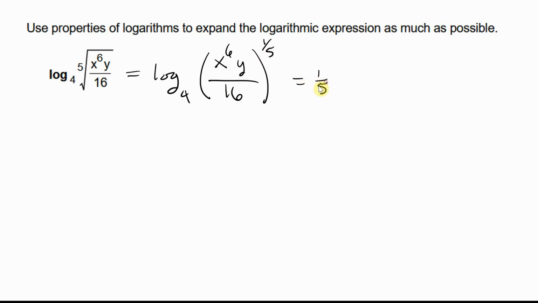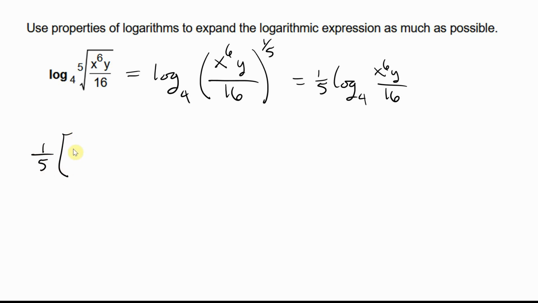So this is 1/5 times log base 4 of x to the 6 times y over 16. Now, if it's product, I'm going to add, and if it's division, we're going to subtract. But watch how we do it. Make sure you get it right. Now, this is all times 1/5.